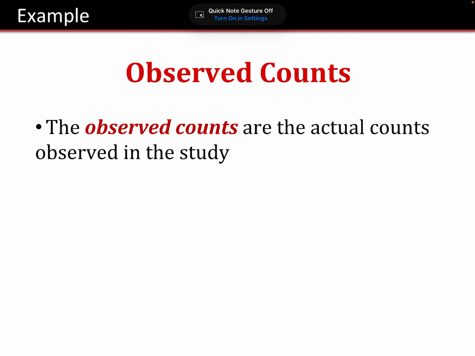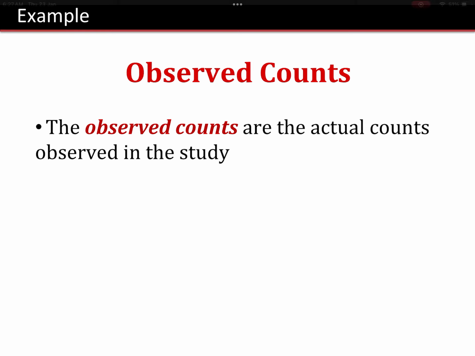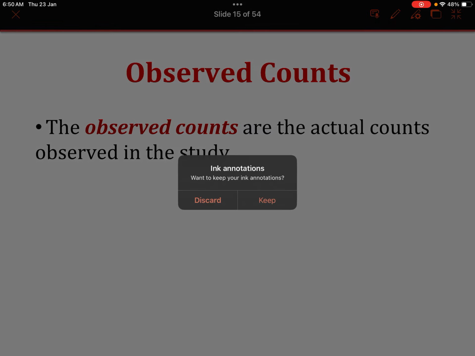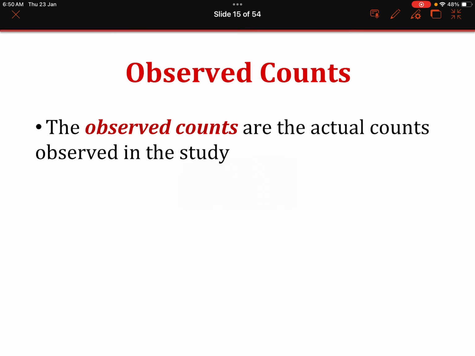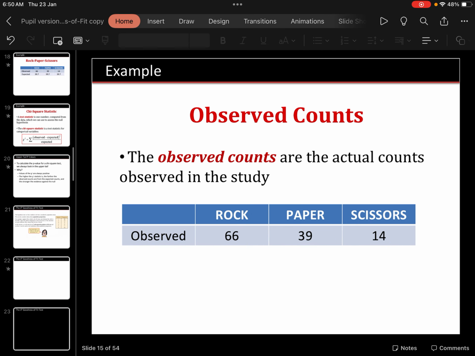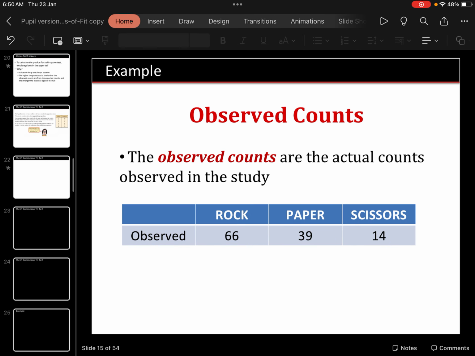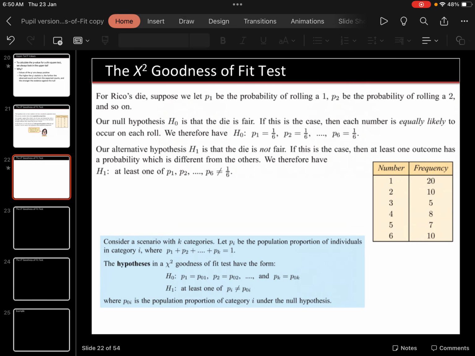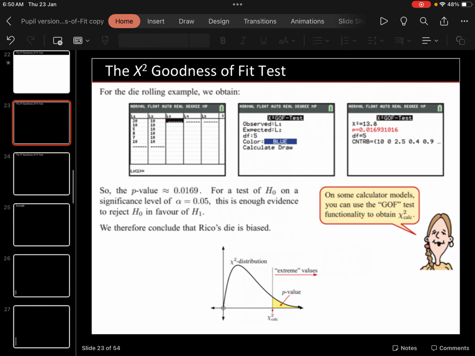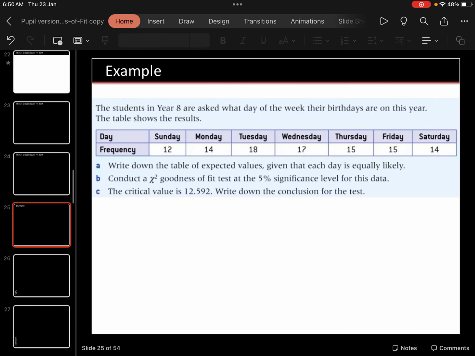Okay, so let's try to get this out first. I'm going to keep my annotations, and I just want to show you a specific example here. Okay, there we go.